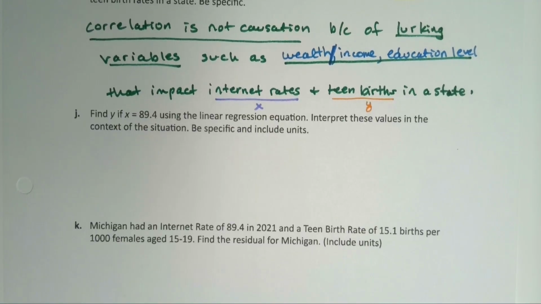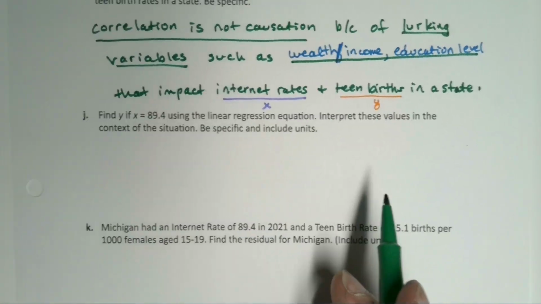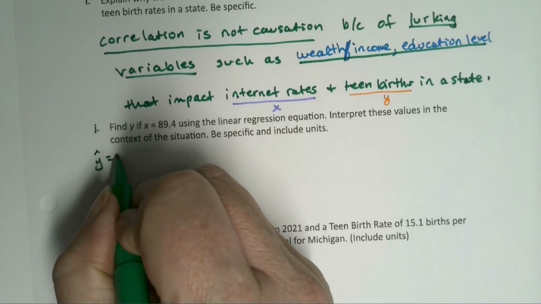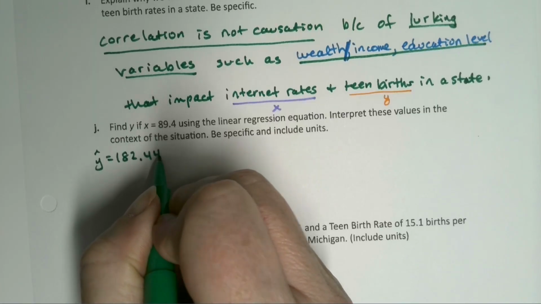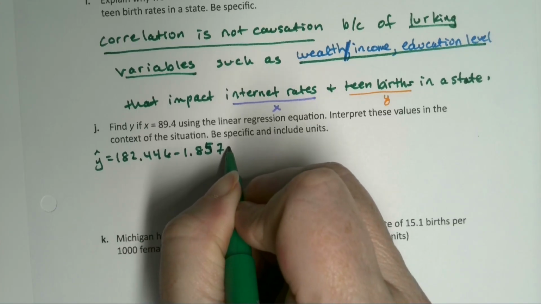All right, so find y if x equals 89.4 using the linear regression equation and interpret these values in the context of the situation. Okay, so we have an equation that we already found. It's right here. So y hat was equal to 182.446 minus 1.857x.